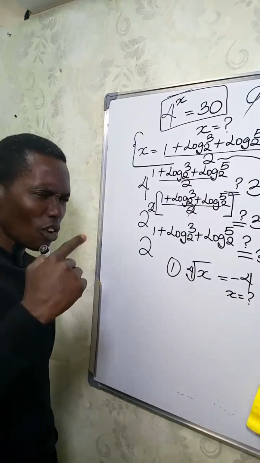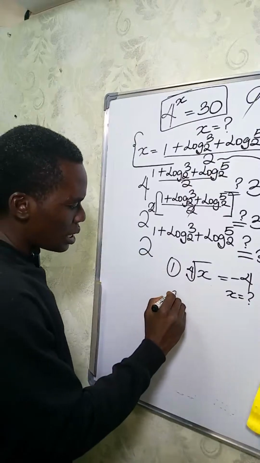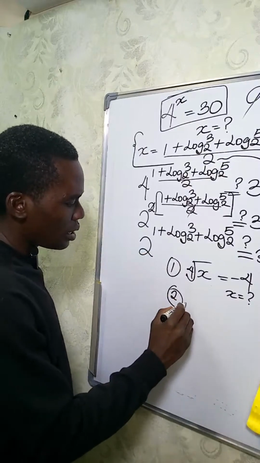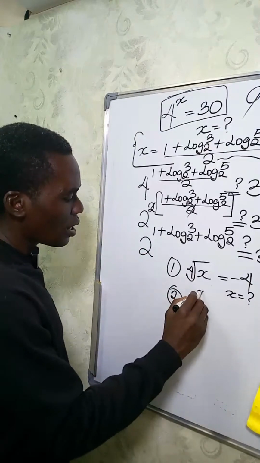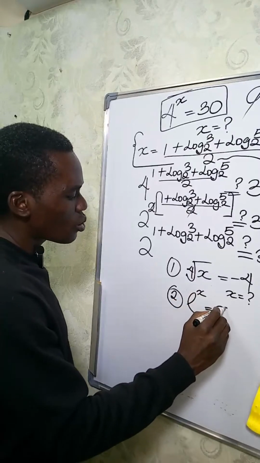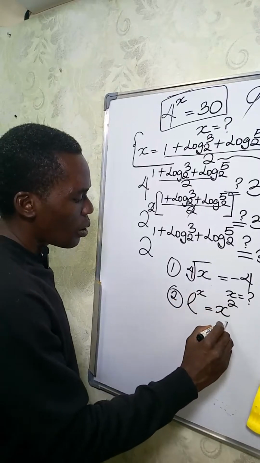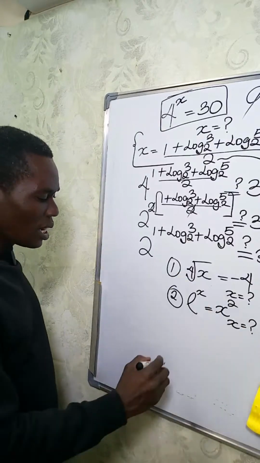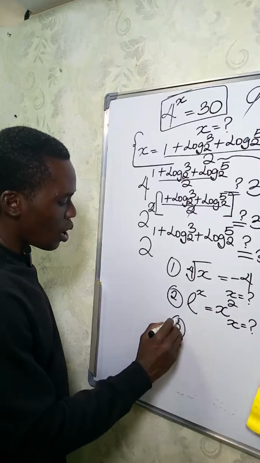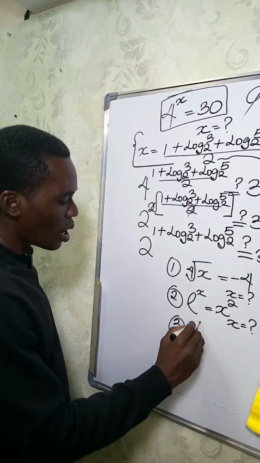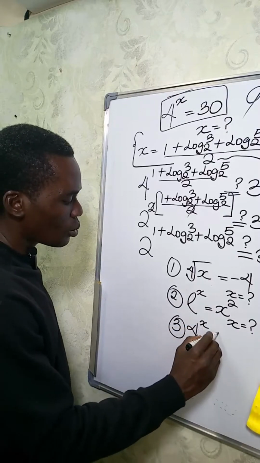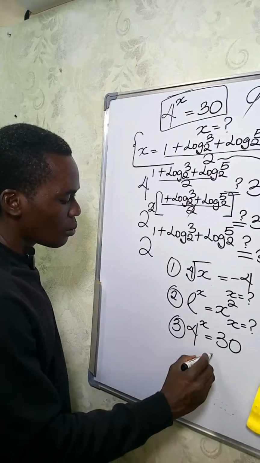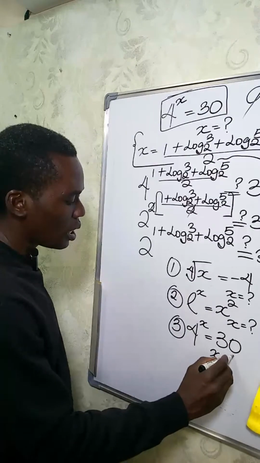And then in the second question, we analyzed the exponential value of x equal to x to the power of 2, and we are asked to find the value of x. And then in the third question, we also analyzed 4 to the power of x equal to 30, and then we are asked to find the value of x.